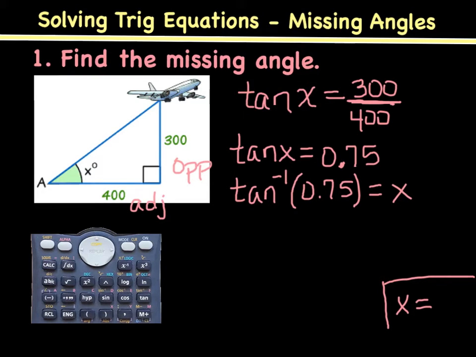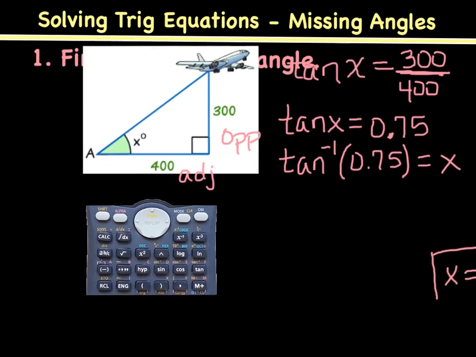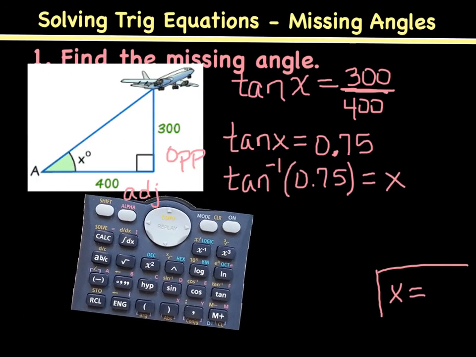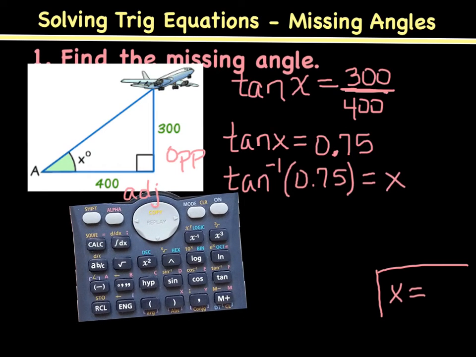So take a look at our calculator here. See right here, it looks like tangent to the negative first power, cosine and sine. It looks like it's all to the negative first power. Those are the buttons we're going to be using. Those are called inverse sine, inverse cosine, inverse tangent.